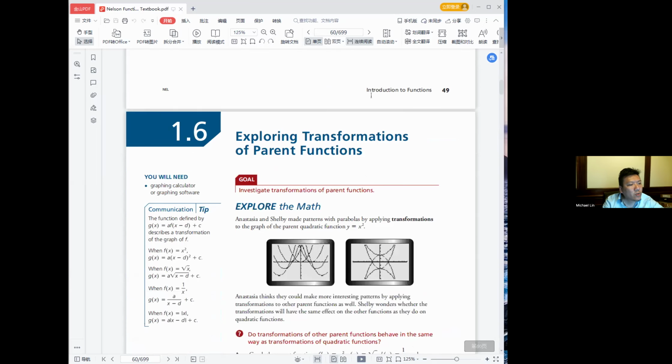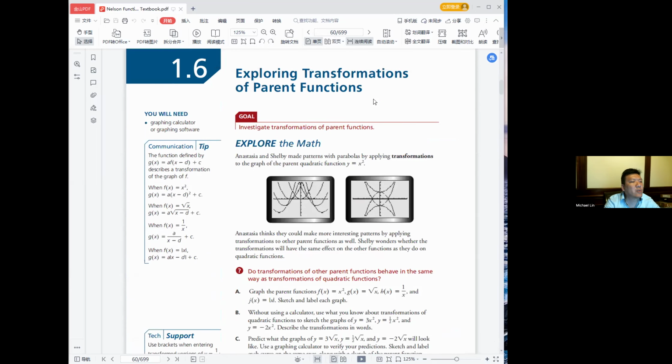Okay, so the next part explores something that you're a little bit familiar with at the grade 10 level, but this is exploring transformations of parent functions. So we kind of talked about this very briefly earlier already, but when we're talking about transformations, if we write it in function notation with f of x, then that means it can apply to everything.